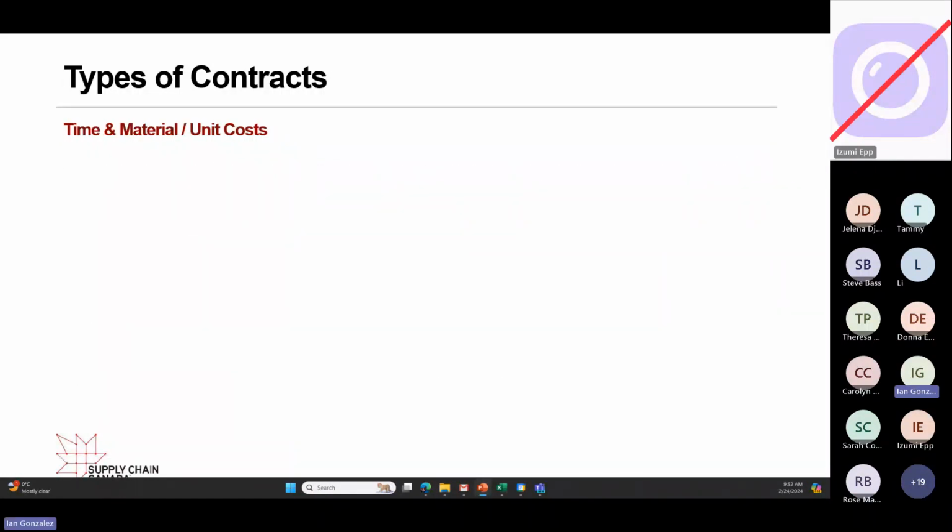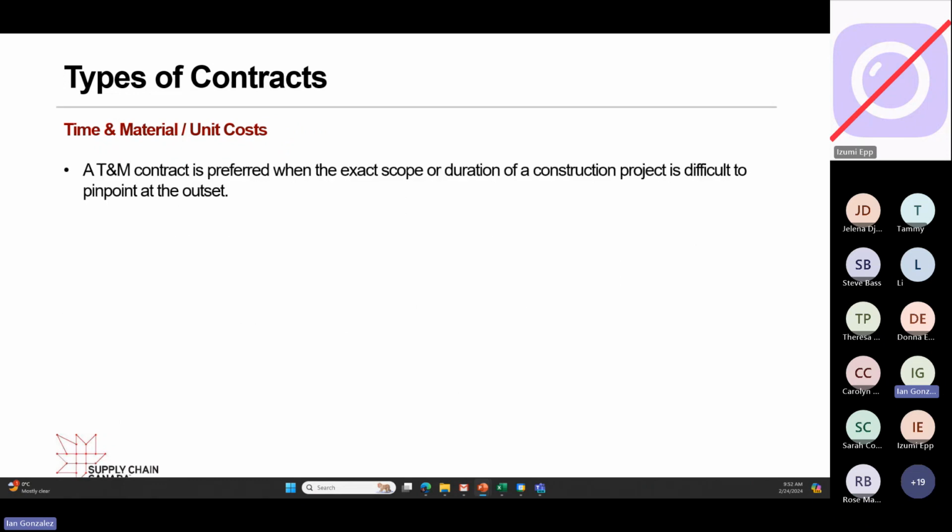Now, what's the difference between that and time and material, or unit costs? So a T&M contract is preferred when the exact scope or duration of a construction project or whatever project is difficult to pinpoint at the outset. Okay, scope is unclear.